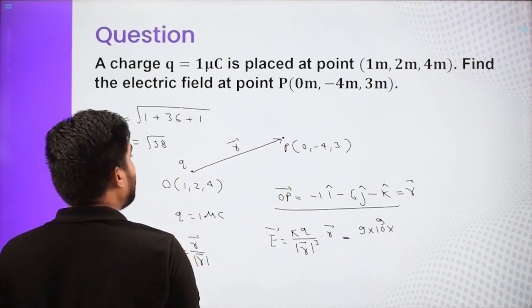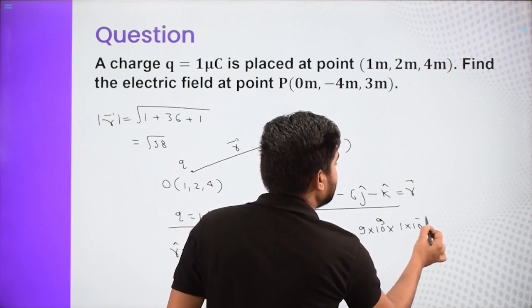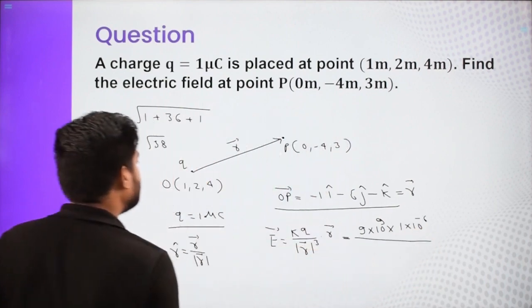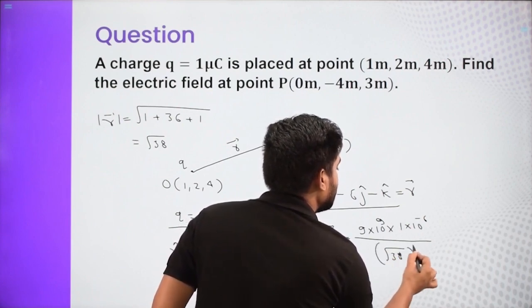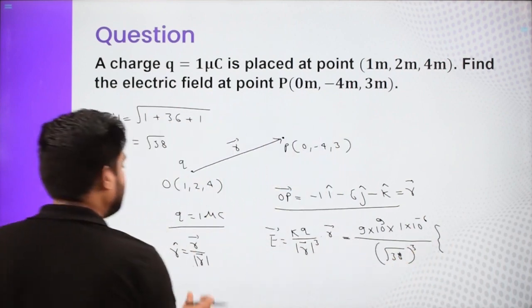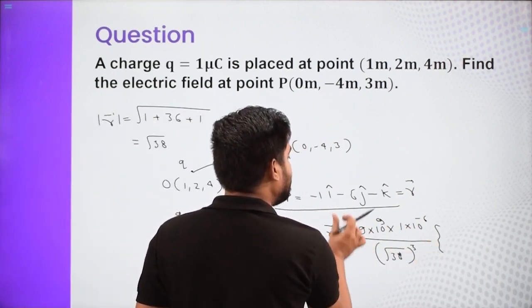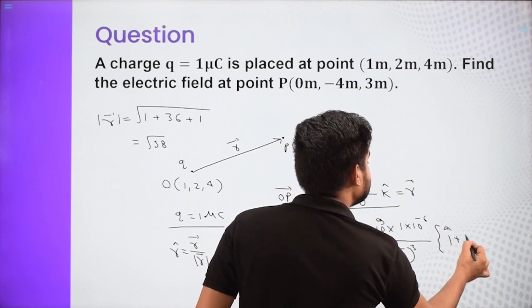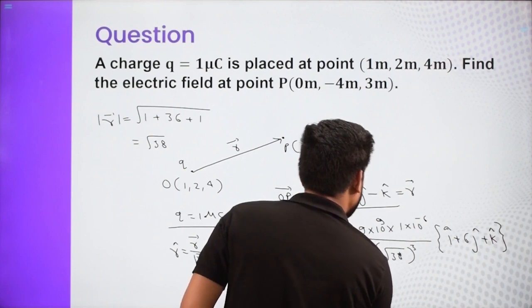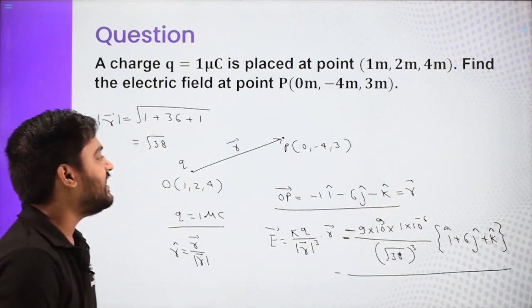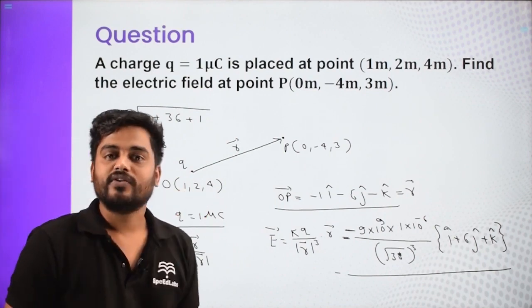Q, the charge is 1 microcoulomb. So 1 into 10 raised to power minus 6 by R cube. So root 38 whole cube times R vector. And what is our R vector? R vector, I am taking minus as common, and this becomes I cap plus 6J cap plus K cap. And this is my electric field intensity at this point P due to this charge which is placed at (1, 2, 4).